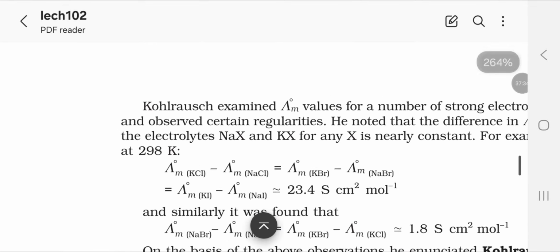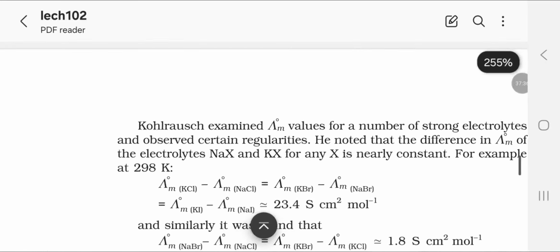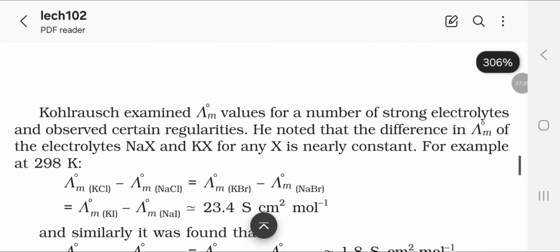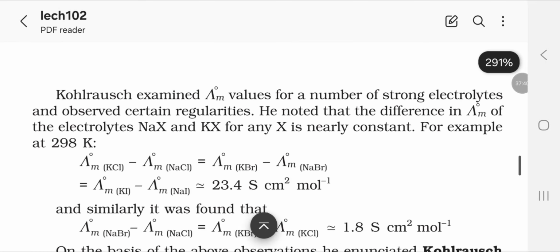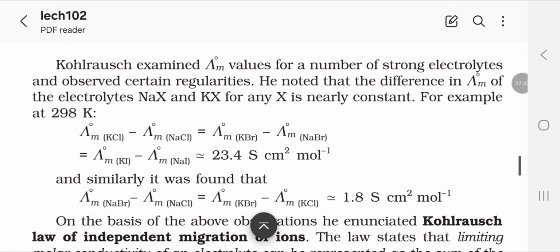Kohlrausch examined lambda naught values for a number of strong electrolytes and observed certain regularities. He noted that the difference in lambda m naught of the electrolytes NaX and KX is nearly constant.